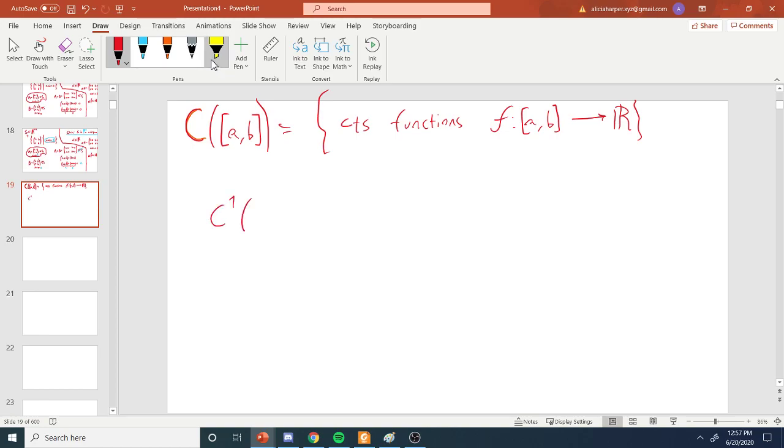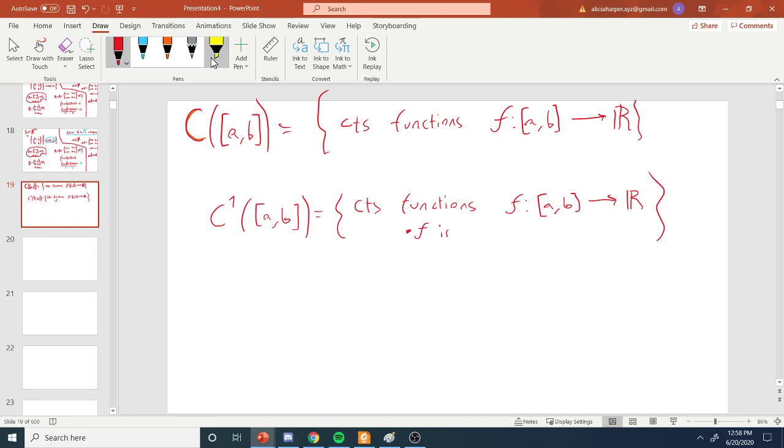C1 of [a, b] is going to be the set of continuous functions from [a, b] to R, satisfying the following properties.